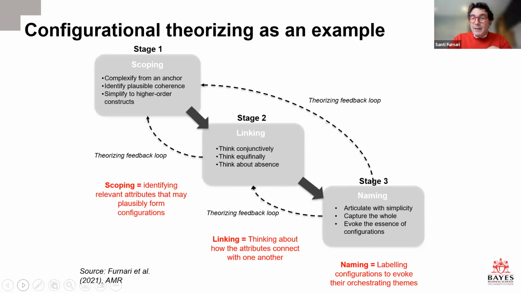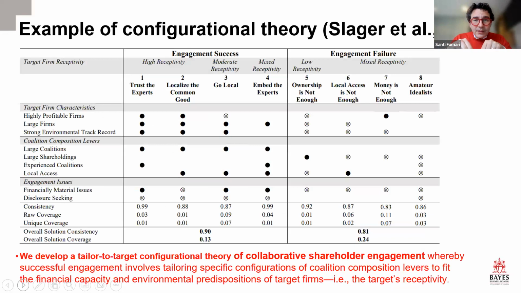Now, a practical example, if you want to dig into this, is this table of a configuration. This table comes from a paper that another group of coauthors and myself have recently published in Management Science. It is an example of a configurational theory where, in this particular paper, we used a number of methods.